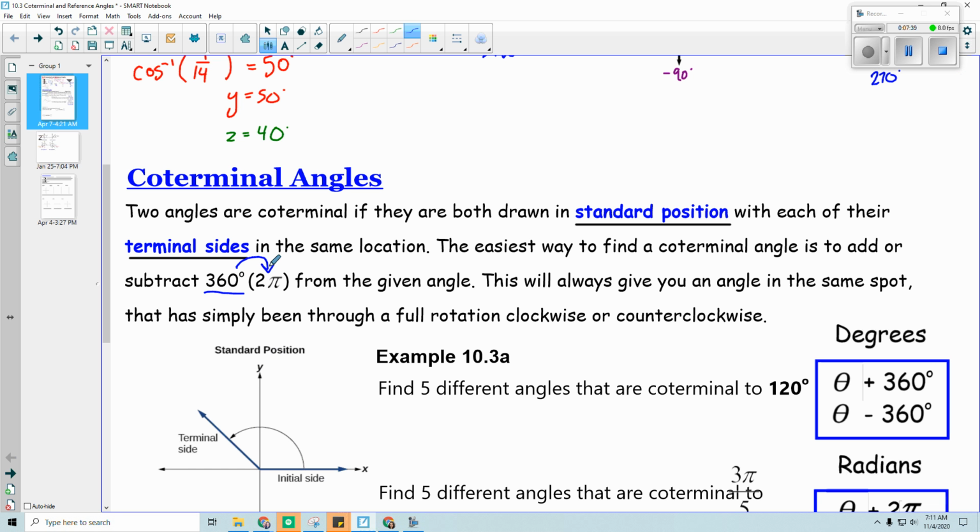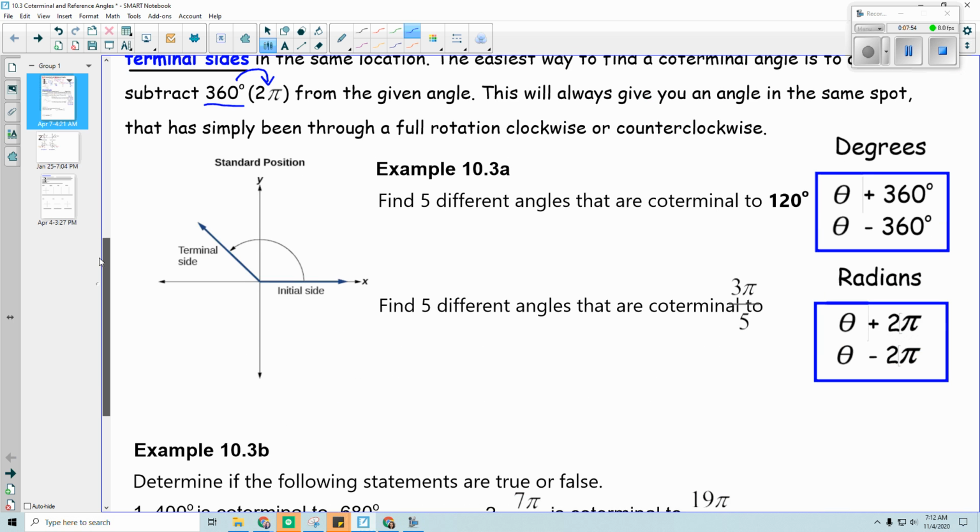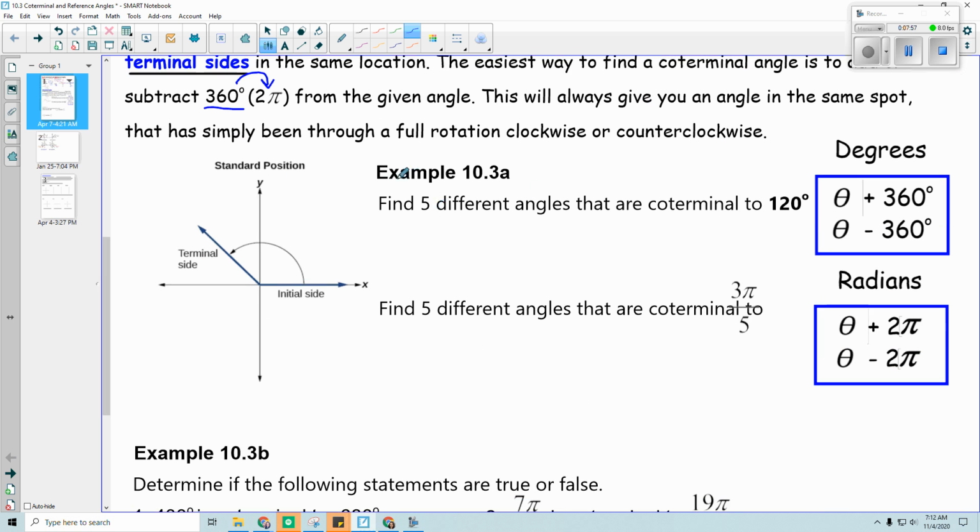So 360, or if we're using radians, 2 pi from the given angle. This will always give you an angle in the same spot that has simply been through a full rotation clockwise or counterclockwise. So we're going to find 5 different angles that are coterminal to 120 degrees.